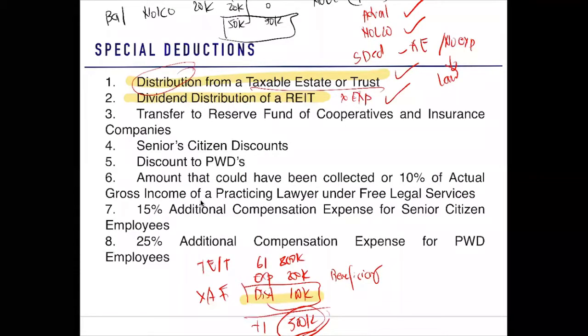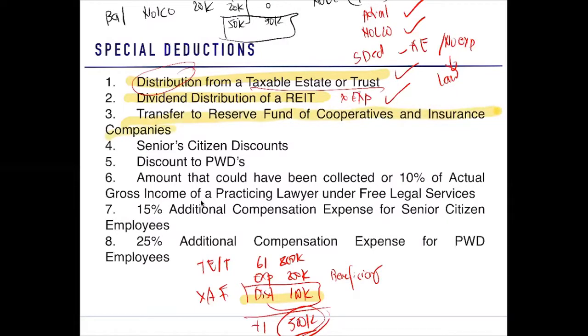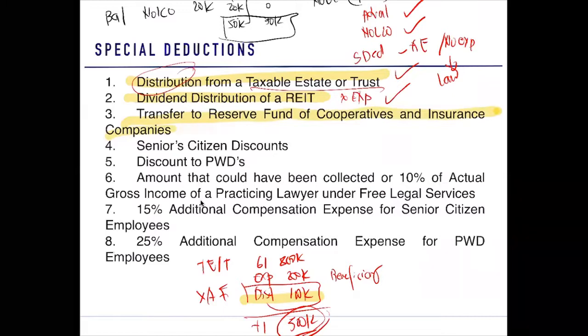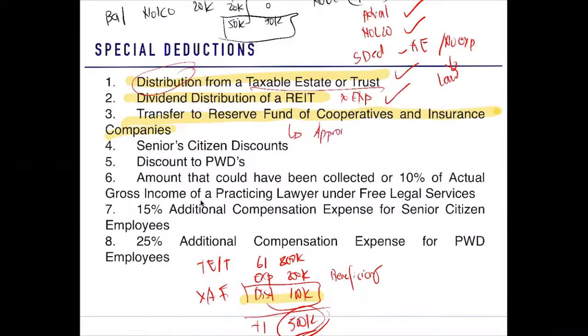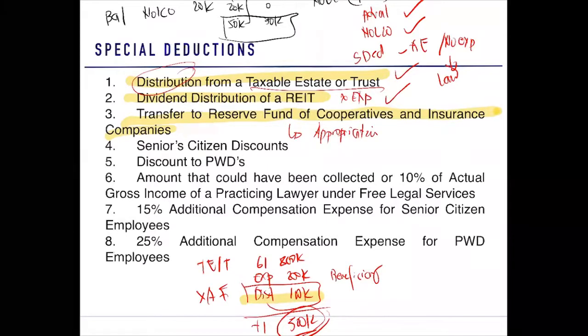Next, transfer to reserve fund of cooperatives and insurance companies. So this one, when we talk about transfer to reserve fund, this is an appropriation. For example, you have a retained earnings. Okay, you have excess retained earnings. You will appropriate that retained earnings into a particular purpose.